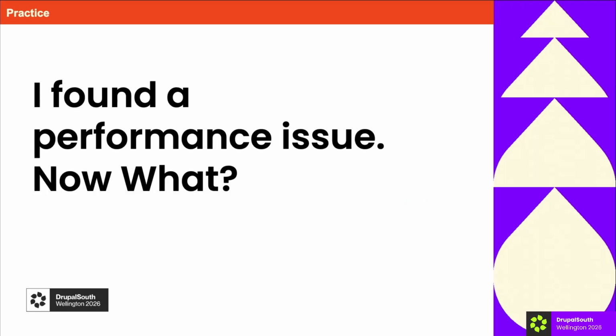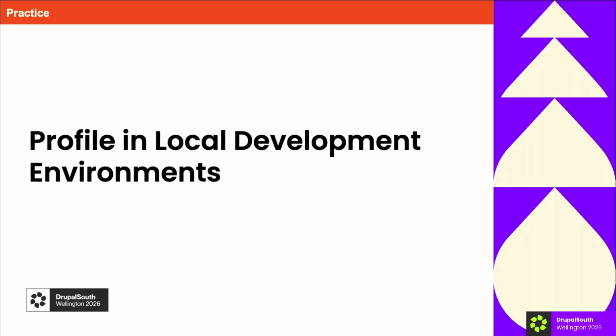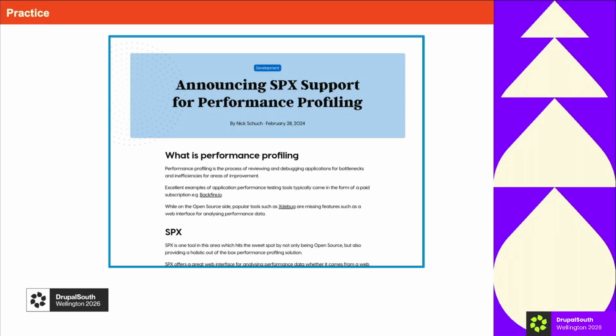Cool. So I found a performance issue. Now what? My recommendation is to do profiling in your local development environment. So start with a local first approach. We've put a lot of effort into our local profile tooling.